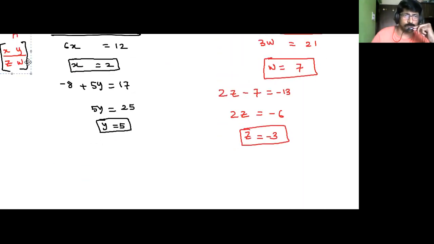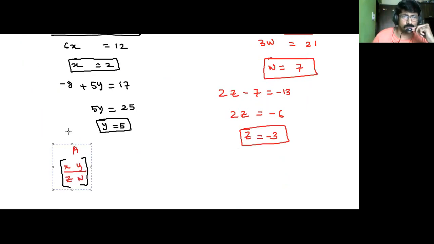Matrix A was x, y, z, w. Okay, there is no line in between. I'll just erase this, otherwise people will get confused. So there is no line in between them.